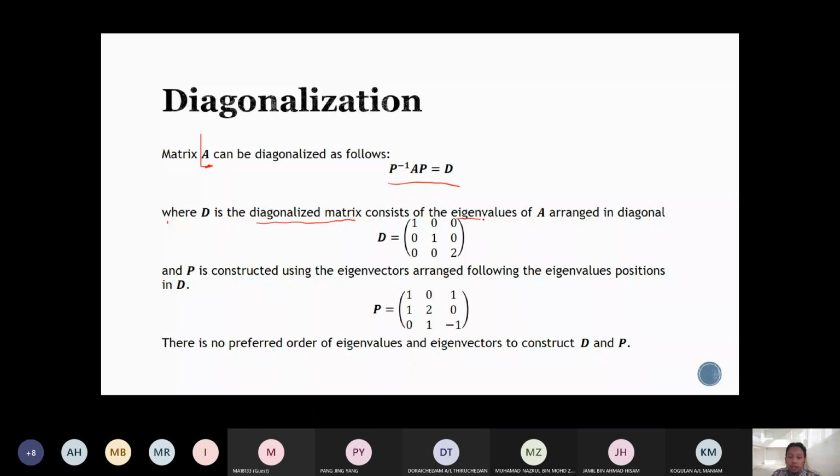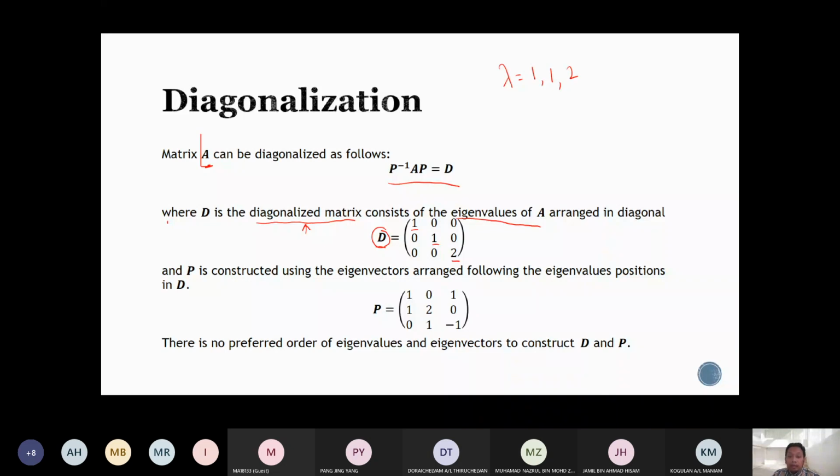Basically you just use the eigenvalues of A. Just now lambda equals 1, 1, and 2. So to find the matrix D, you just arrange these lambda values on the diagonal elements of the matrix D. So you arrange 1, 1, and 2 here, while the other elements are 0. So this matrix we write as matrix D, the diagonalized matrix.